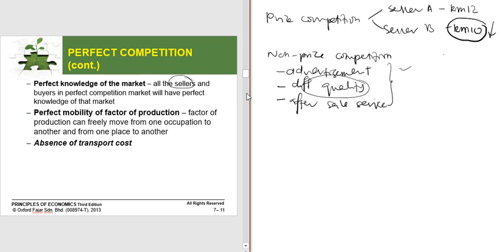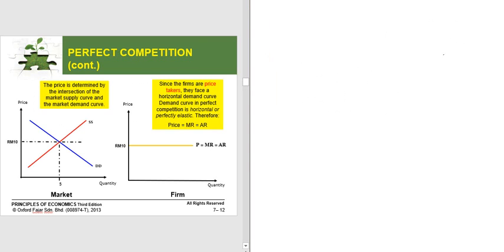So the suppliers will supply the vegetables to different sellers at the same place. So there is minimum or no high transportation cost involved in this perfect competition market.